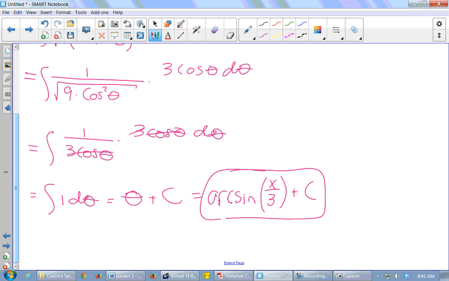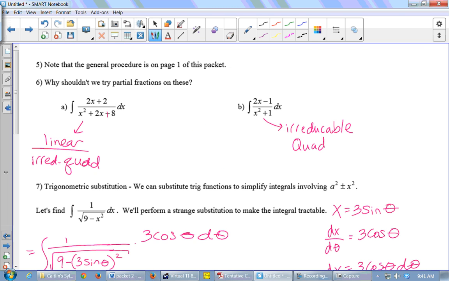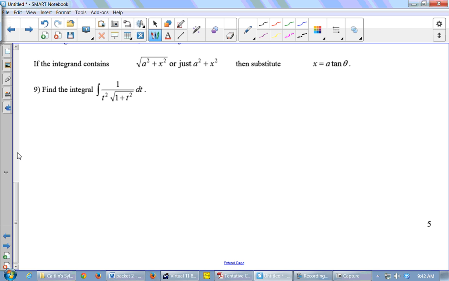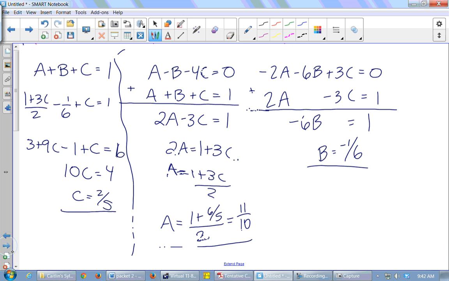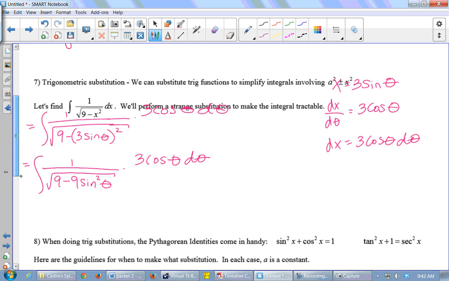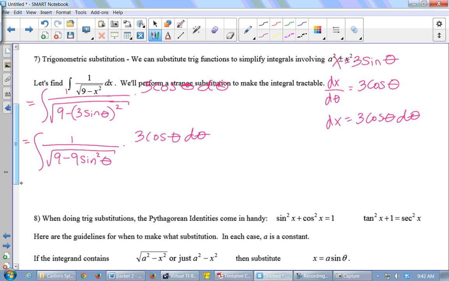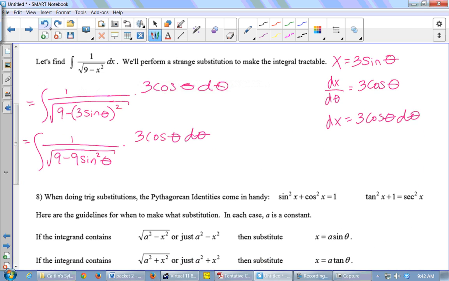All right, so the magic that happened here was in the choice of the trig substitution, right? So I let x be 3 sine theta. And I also had to substitute for dx, right?